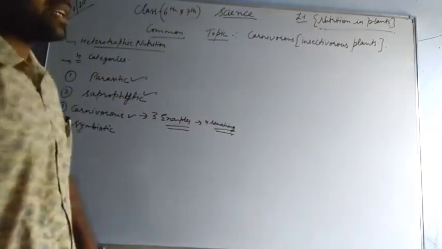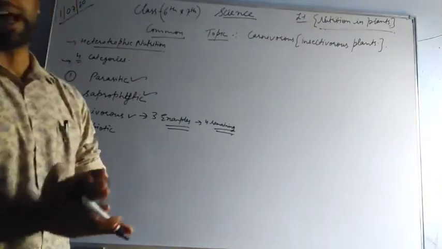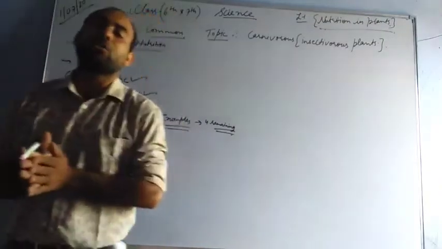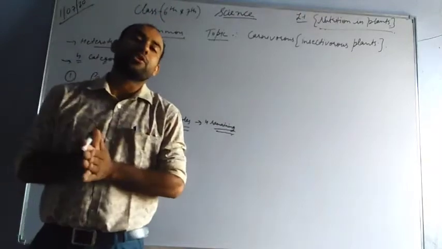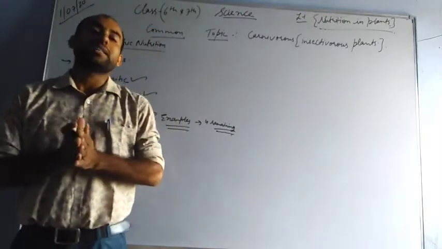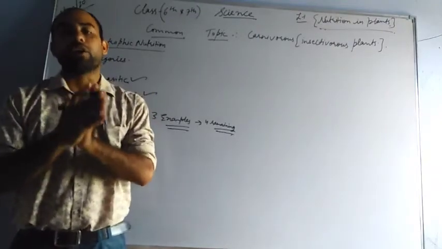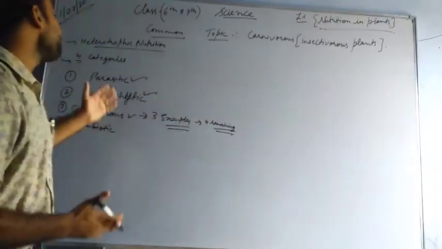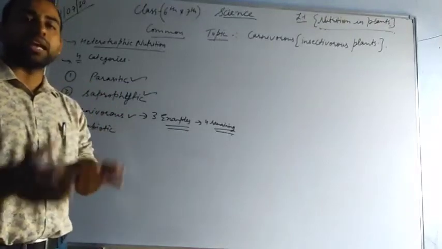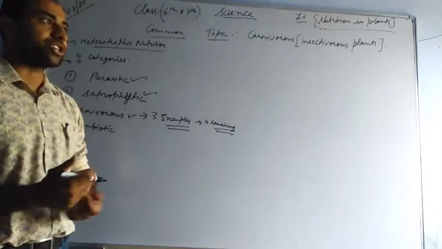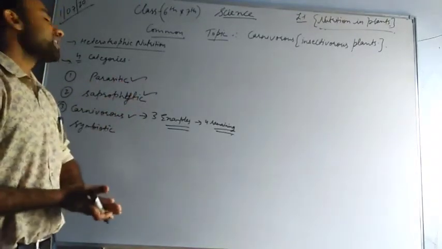Let me tell you about the parasitic first. Parasitic are those which take their nutrition from another body or from other living organisms. They live on that body and take their nutrition from that body only.